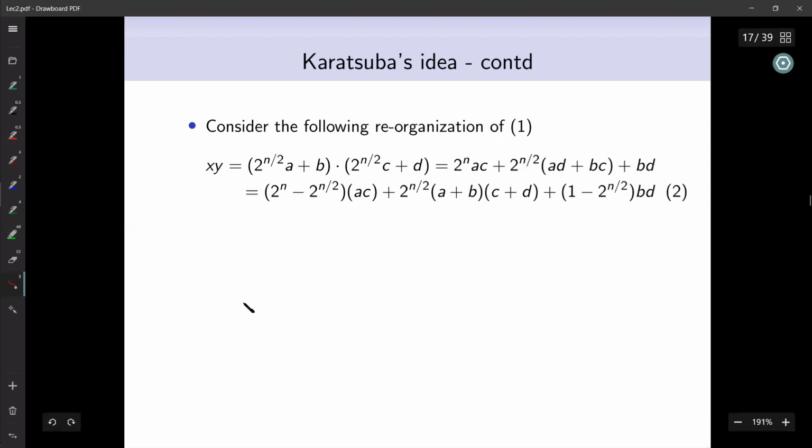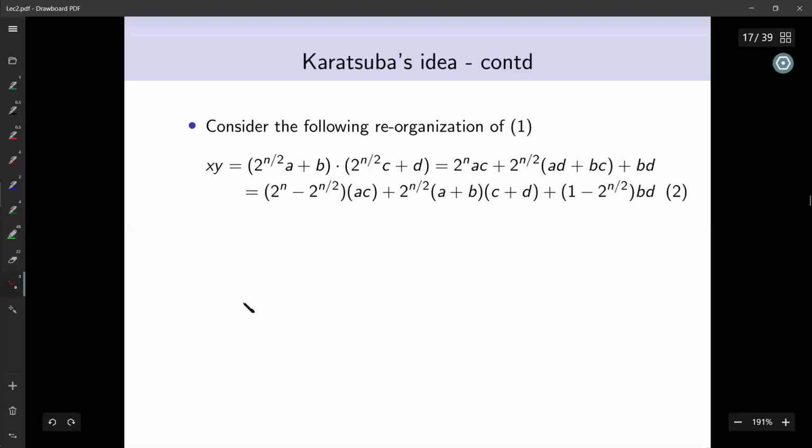So let's expand out this expression. Here we have 2^n into AC, that is what is required, and we have BD, that is required. Now the rest should add up to this. So let's see. AC has a 2^(n/2), which is correct. AD has a 2^(n/2). So similarly, BC has a 2^(n/2), which is correct. The remaining things should cancel out. So what are the remaining things? I'll be getting AC into 2^n minus 2^(n/2), but I have minus 2^(n/2) times AC, which gets cancelled.